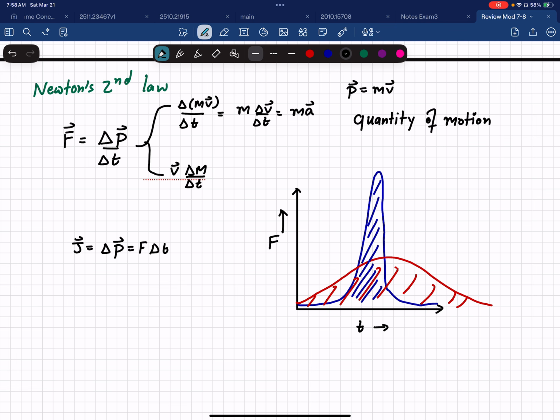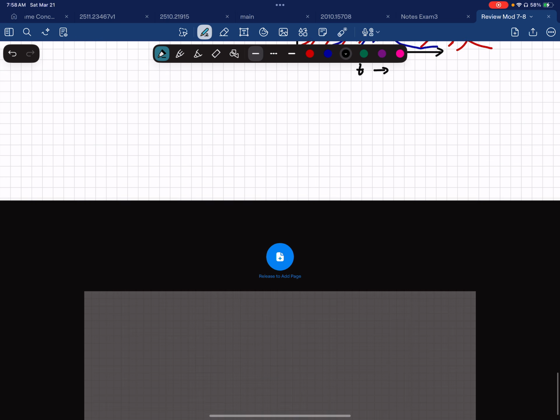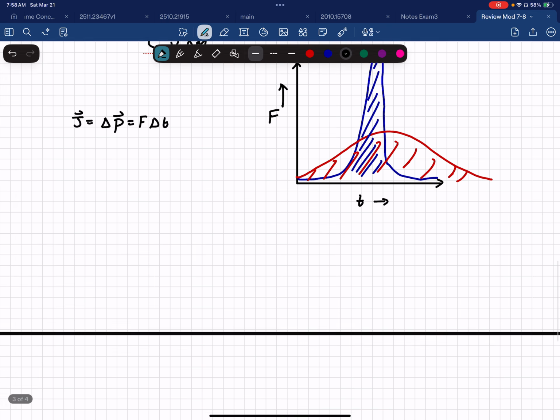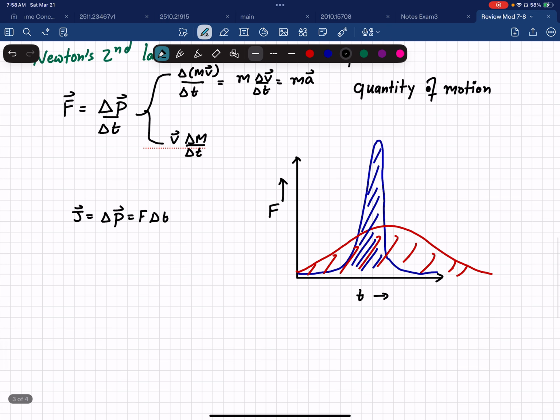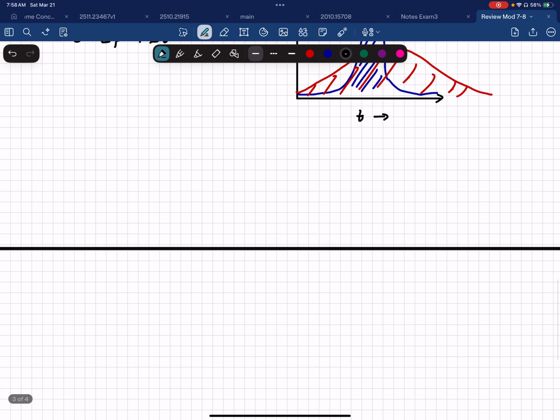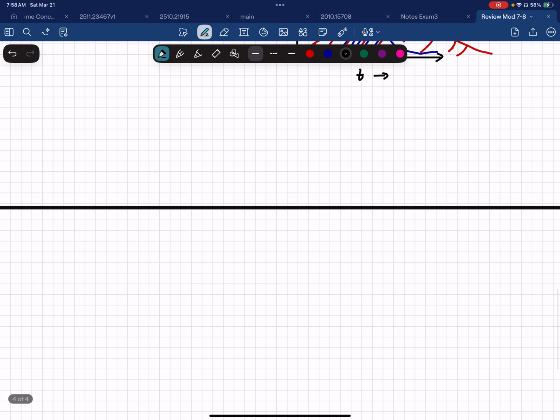Now furthermore, after impulse, we went on and pondered on Newton's first law. Now Newton's first law was what?